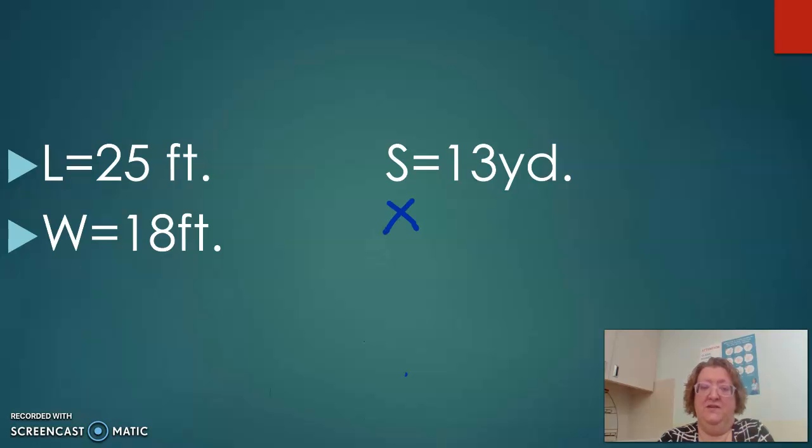How many times did we have to multiply 3? We multiplied it 4 times because our formula is P equals 4 times S. And that would give us a product of what? 52 yards. Give yourselves a hand if you were able to figure out those two formulas.